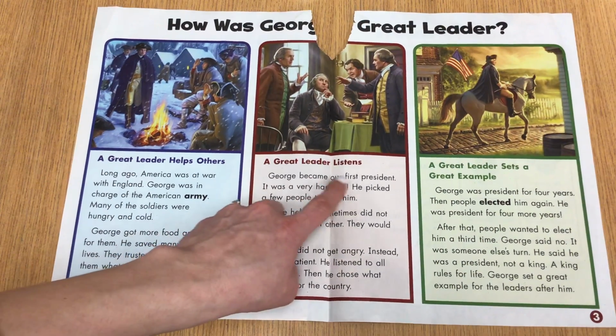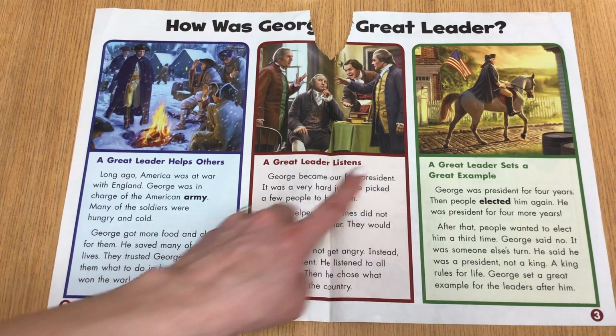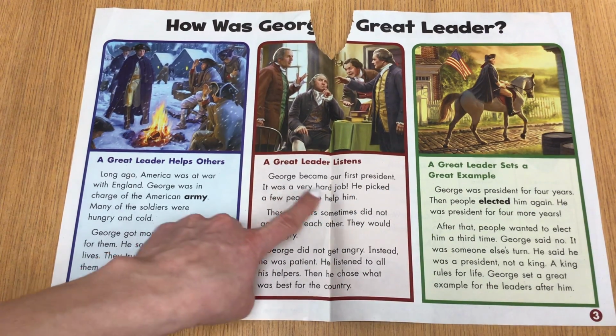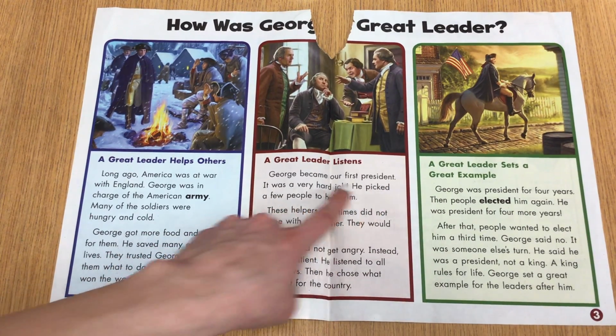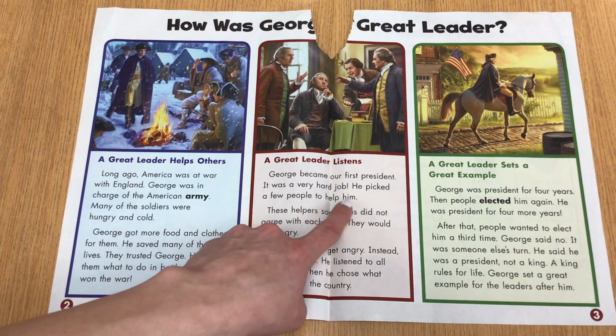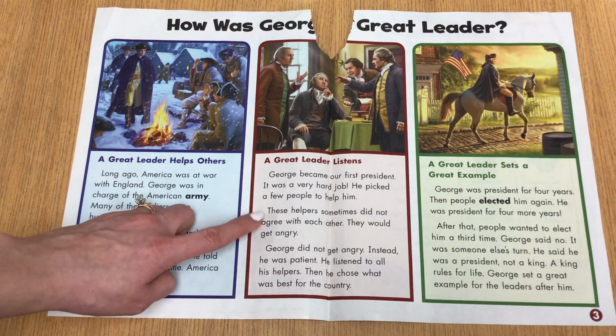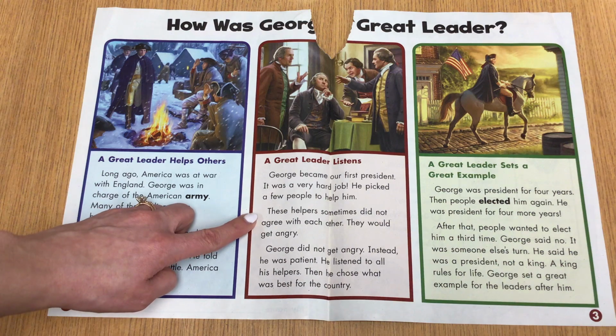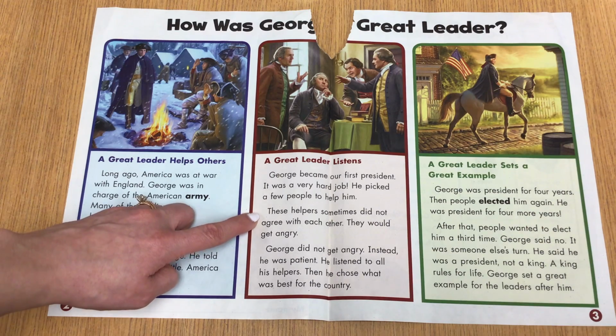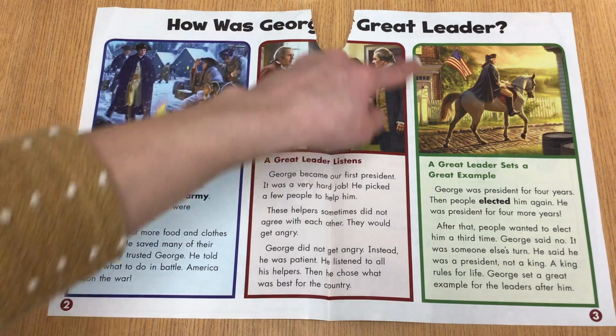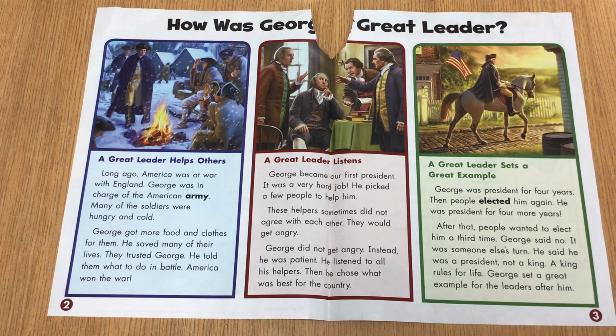George became our first president. It was a very hard job. He picked a few people to help him. Now I'm going to read this paragraph. These helpers sometimes did not agree with each other. They would get angry. So they're kind of talking about their ideas, and some of them would disagree with each other.